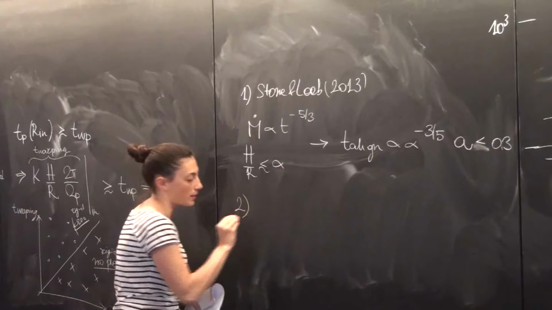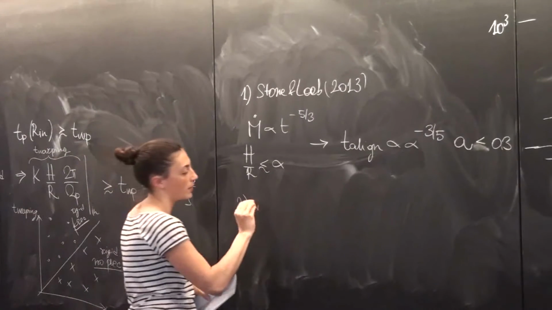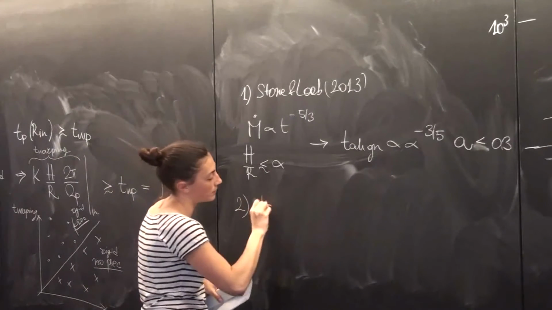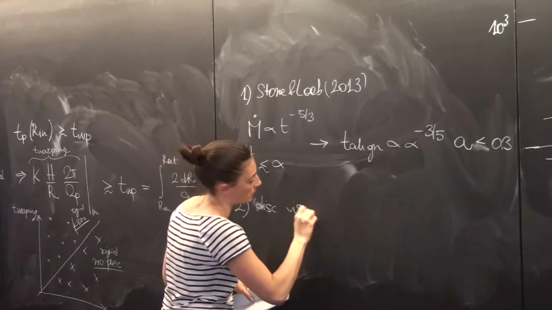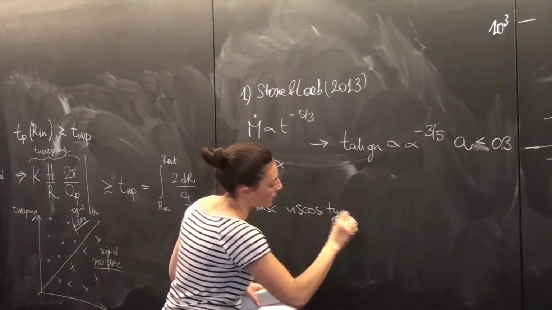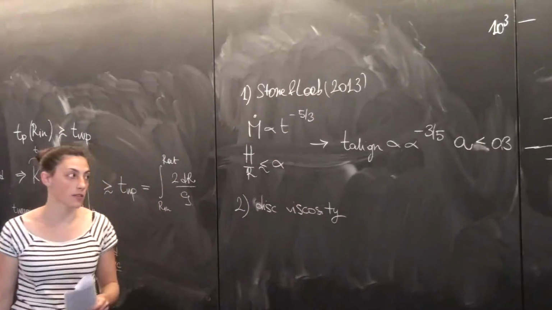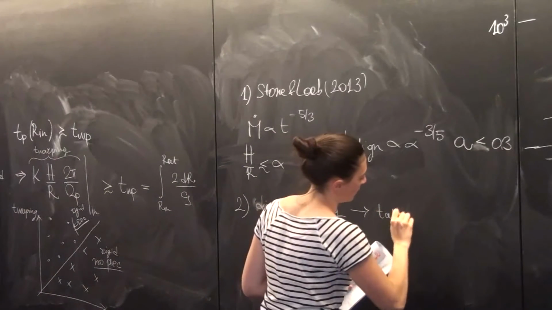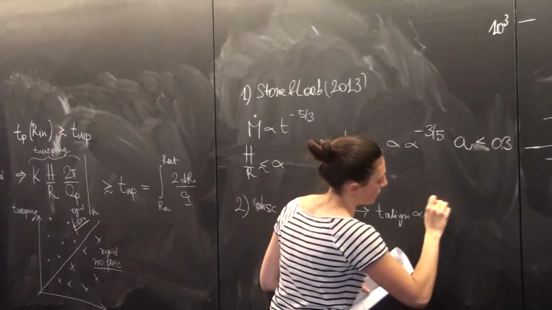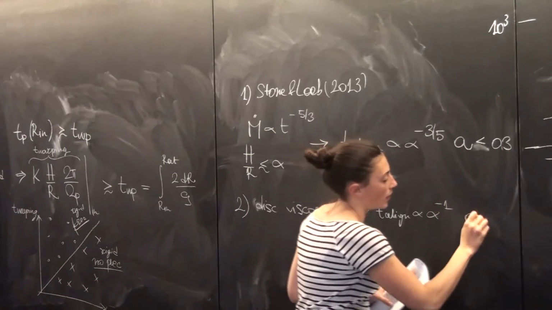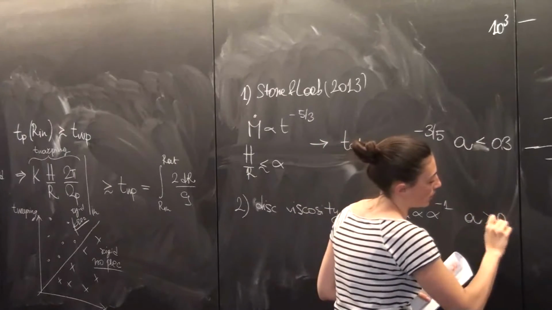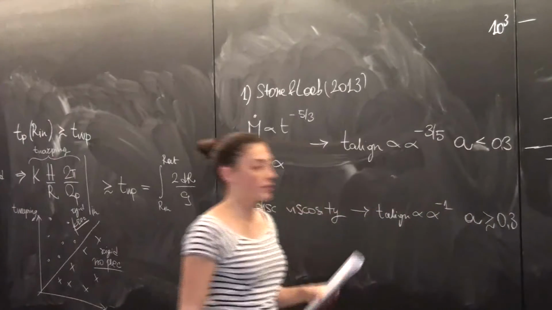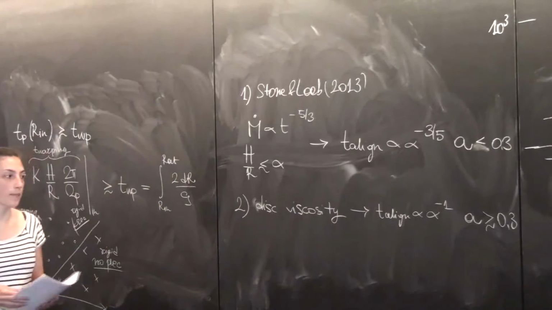The other process that might be responsible is the natural viscosity that acts to damp the oscillations. So in this case, the alignment time scale is inversely proportional to alpha. And we saw that this happens for spin values above 0.3.